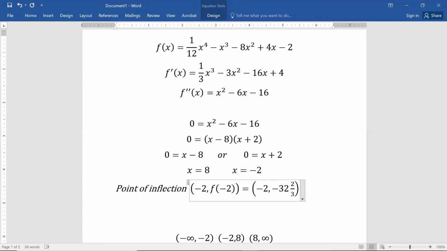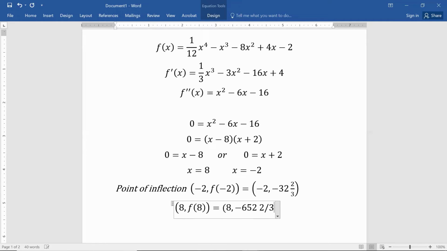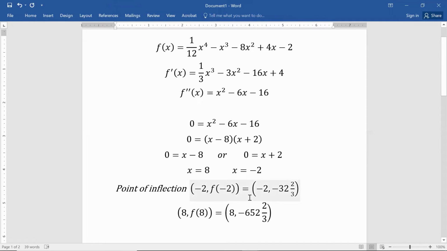When I plugged in the value of 8 into my function, I ended up with a y value of -652 and 2/3. So those are the 2 points of inflection.